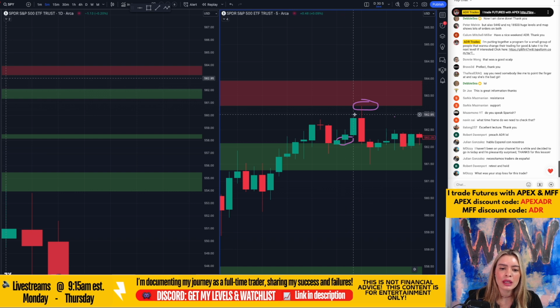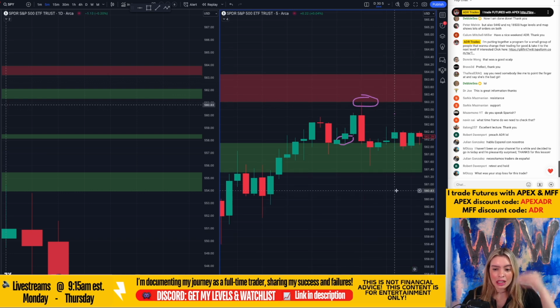We have a big, strong, bullish candlestick. And then what do we have here? This was exactly my exit. Again, I'm keeping in mind that my trade must be fast because I'm not waiting for a strong break of resistance because the market structure is choppy.